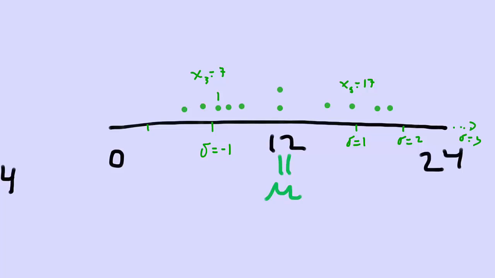From there we go to 2, sigma equals negative 2, and then sigma equals negative 3 here. So notice these points have both a value of the standard deviation and have x values.